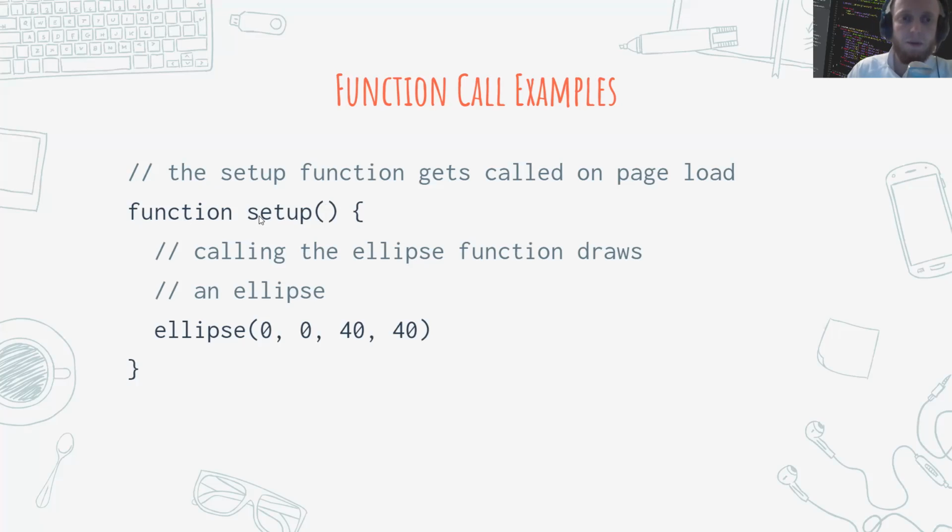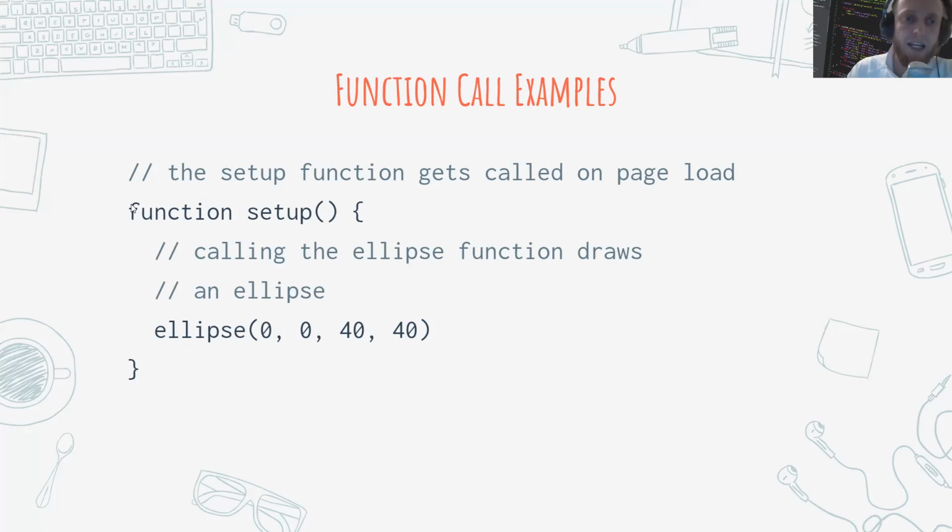So if I have a setup function that draws an ellipse, the setup function will get called when the page loads. And this ellipse function is also a function. Whenever we call the ellipse function, there's an ellipse that gets drawn on the screen. And so we could potentially call this function several times and draw several ellipses.